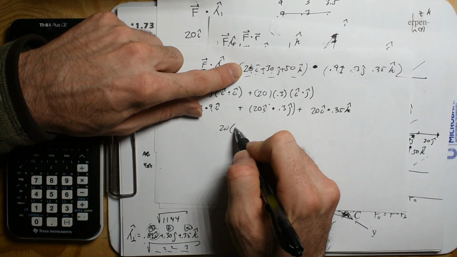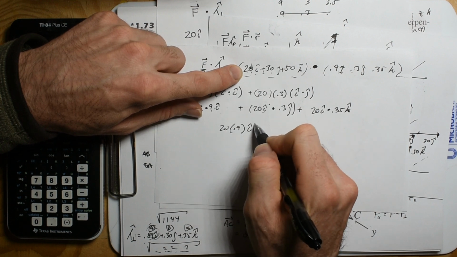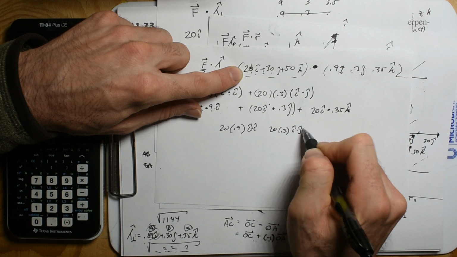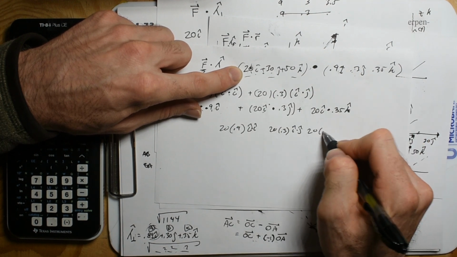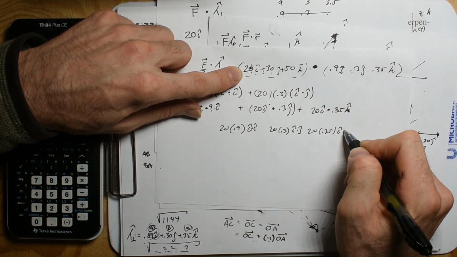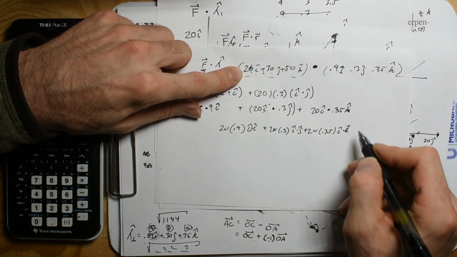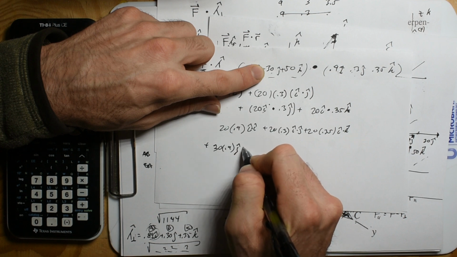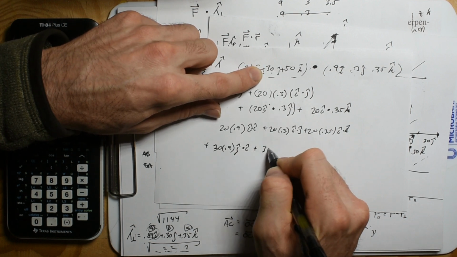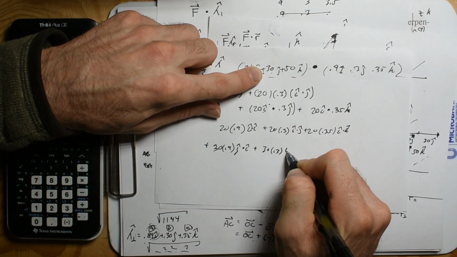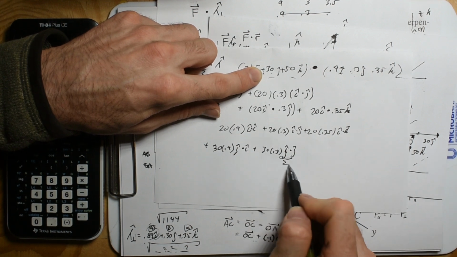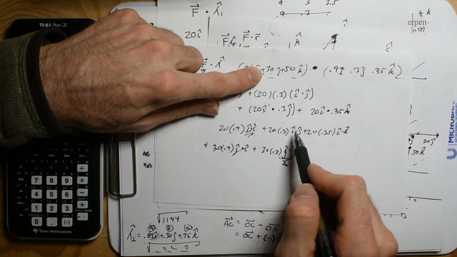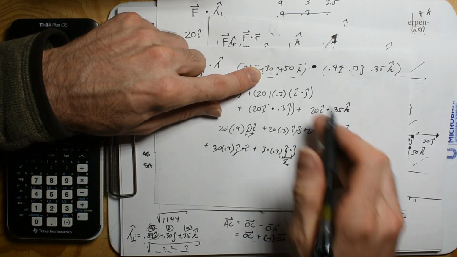So we got 20.9 i dot i, and then we got 20.3 i dot j, 20.35 i dot k, and then just continue on. 30.9 j dot i plus 30.3 j dot j. Okay, that'll jive. The i dot i is the only one that jives. Everything else is 0, 0, 0. And so you can see, but what a painful process.